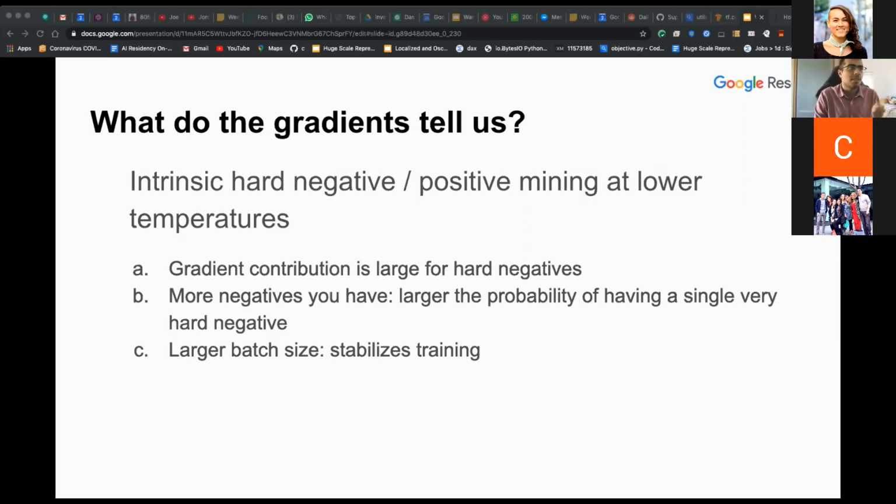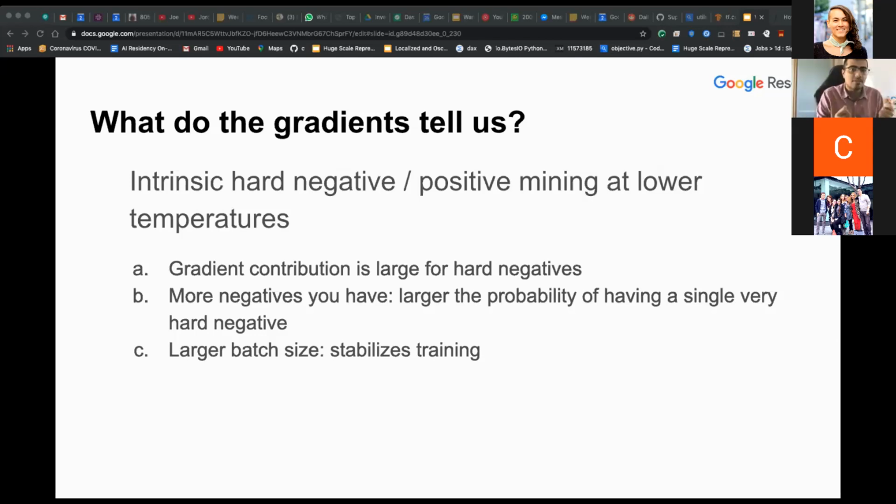which is a very good thing if you are interested in implementing and productizing these models. The second is that everybody talks about how larger batch sizes help. Well, larger batch sizes have always helped deep learning because they stabilize the gradients. But why do they help contrastive learning more than cross entropy? The answer is that since a large amount of the gradient is determined by this probability p of ip, if you end up getting a hard negative or a hard positive, that is going to have a very large contribution in the gradient.